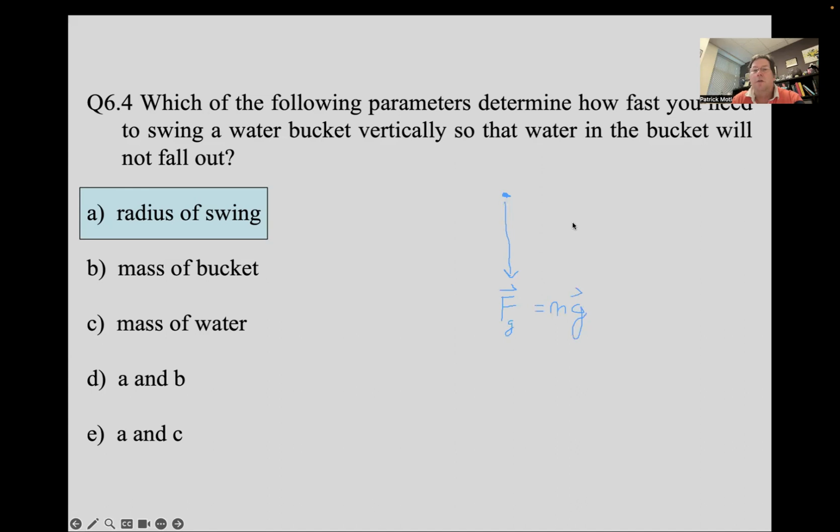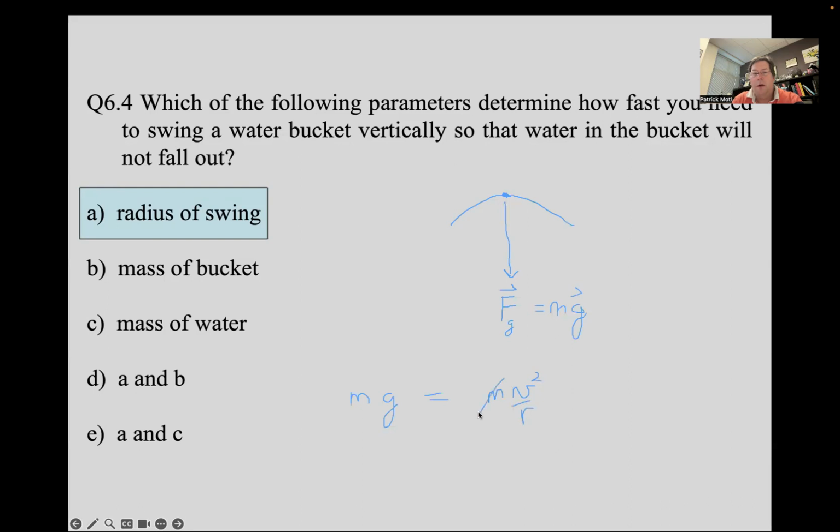Okay? And so for this bucket of water to go through a circular arc at the top and none fall out, then the bucket has to be going fast enough for the force of gravity to provide the centripetal force. So we put that into an equation. We're saying that m times g, the weight of the water, the bucket for that matter, is mv squared over r.